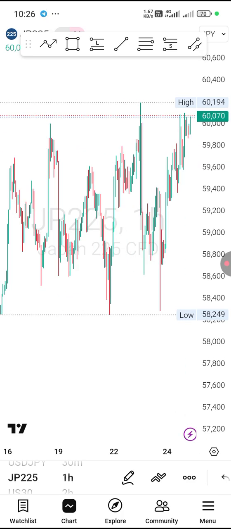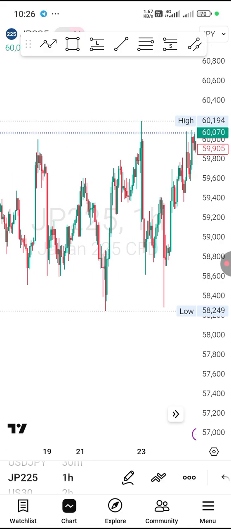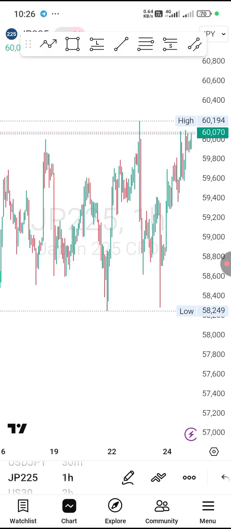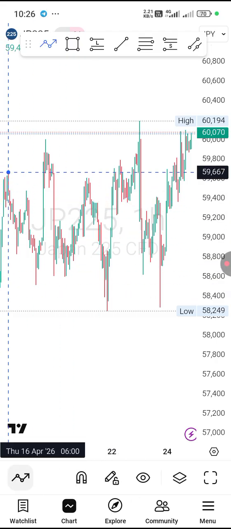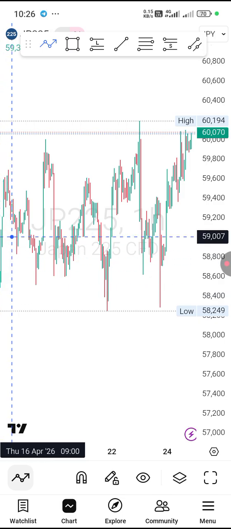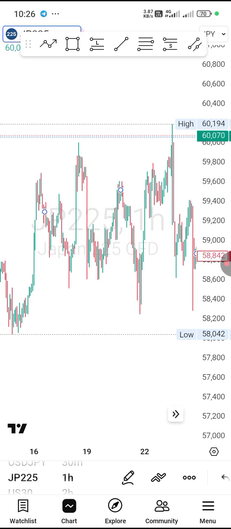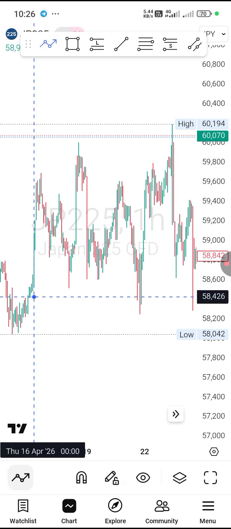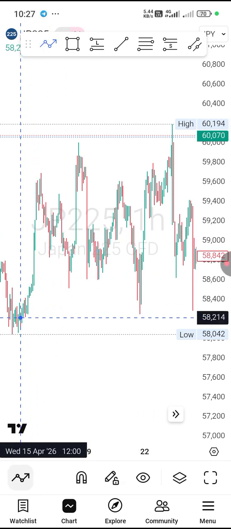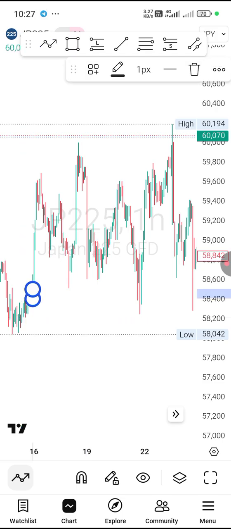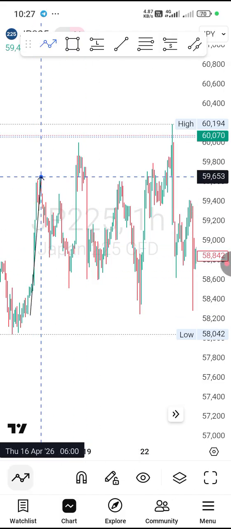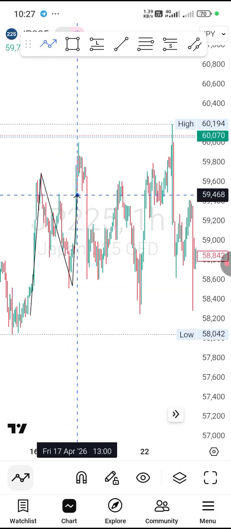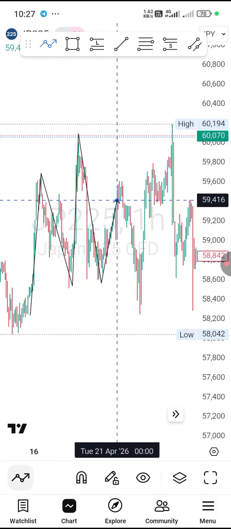Now if you look at this 1 hour time frame, this is what price was doing. Let me zoom in a bit so you see. Price was going down from here, creates a higher high, comes down here, creates a higher low, a higher high, a higher low, a higher high.